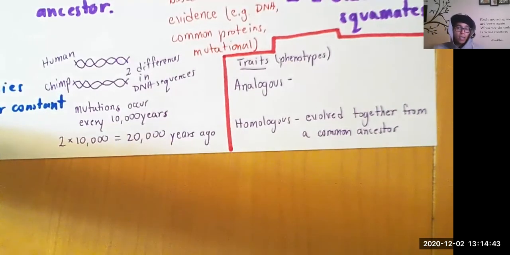If you see something in nature where you say, that kind of looks similar, did that trait evolve separately from each other, or did it evolve from a recent common ancestor? I'll give you an example. See these? The nostrils. We see nostrils in all kinds of animals, do we not?